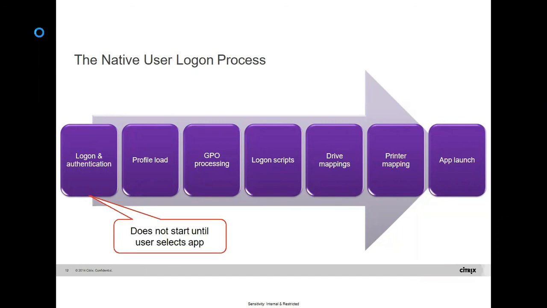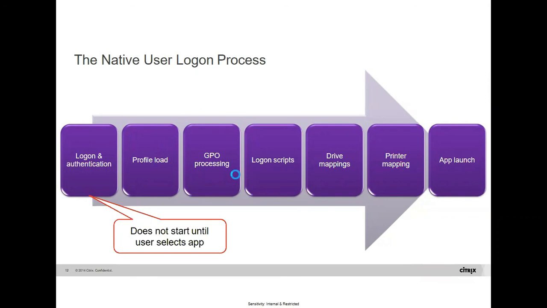The user is logging into the StoreFront, providing user ID and password, right? And it gets authenticated from StoreFront, with the help of Active Directory. So the user profile is loading, and in the back end, GPO group policies processing and logon scripts happen after loading the user profile.